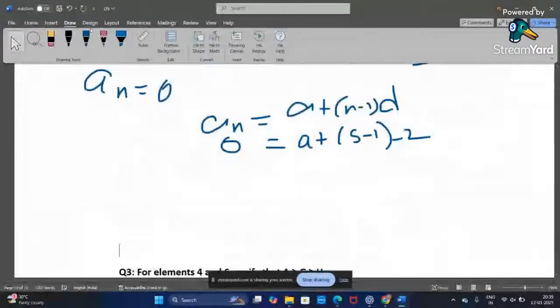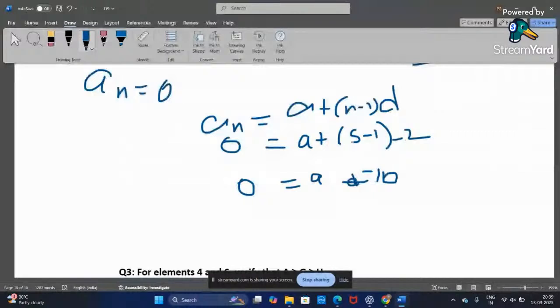Then here let us write it as 0 plus 5 into 2, it is 10. It is not just 10, it is minus 10, because here is minus and here it is plus.